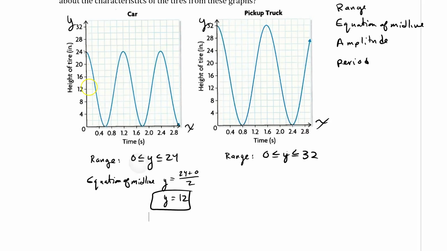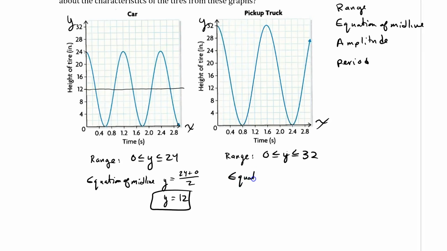So what we can say is our axle actually is right at 12, because when we're talking about the height of the tire, this is one part of the tire. It's 24 at the maximum, and then it goes down and it touches the ground, and then the chalk marking goes back up to the maximum on top and then goes back down. So our axle right here is at our midline.